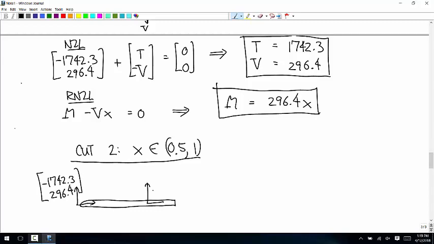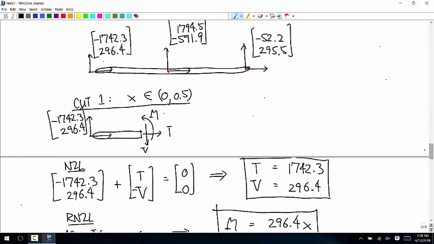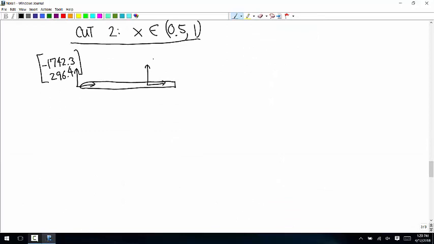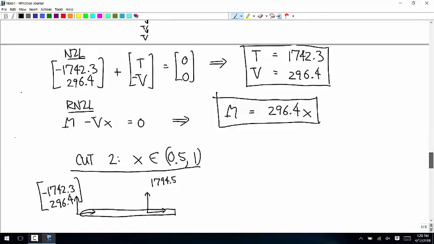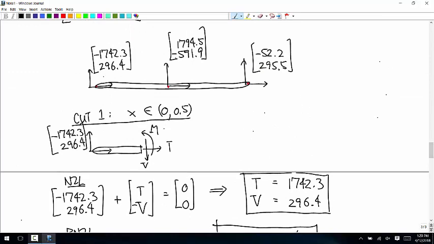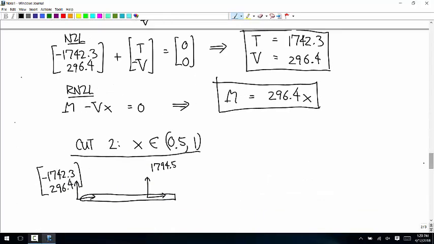And then somewhere else we have the force vector 1794.5, negative 591.9.